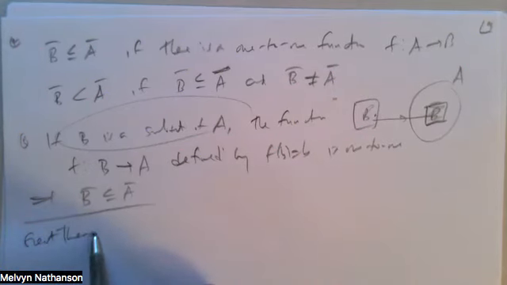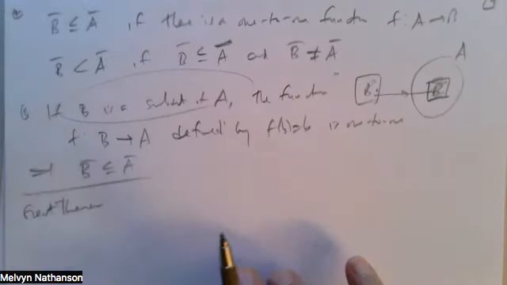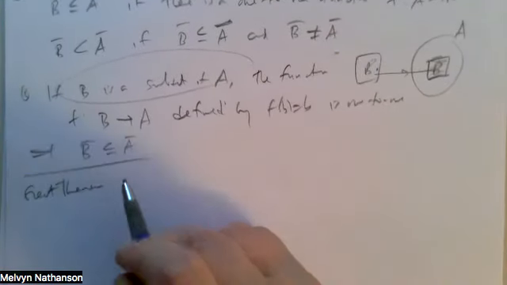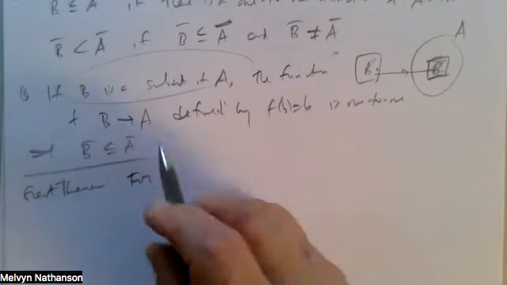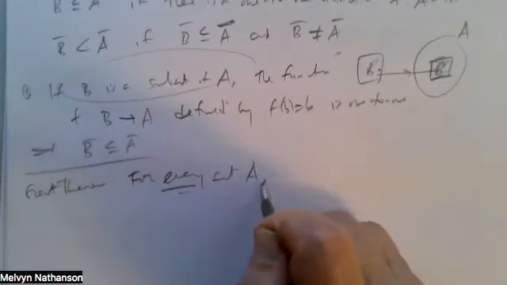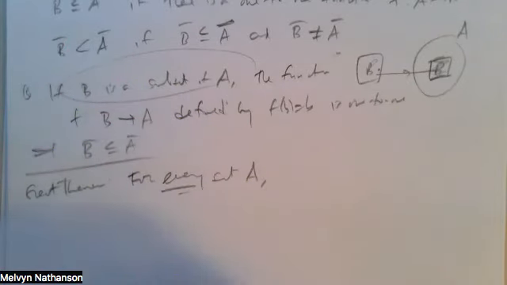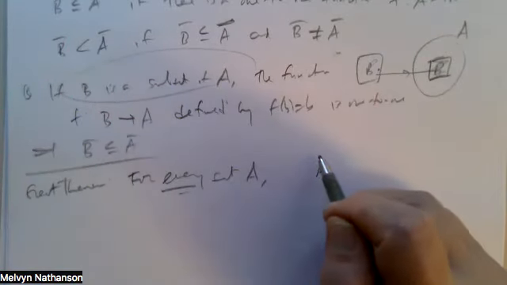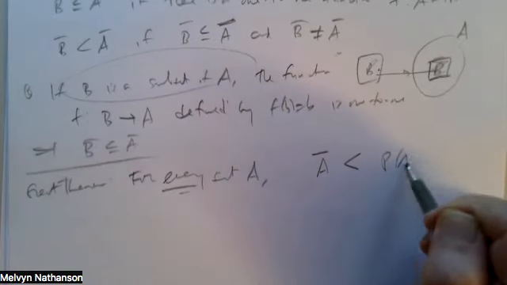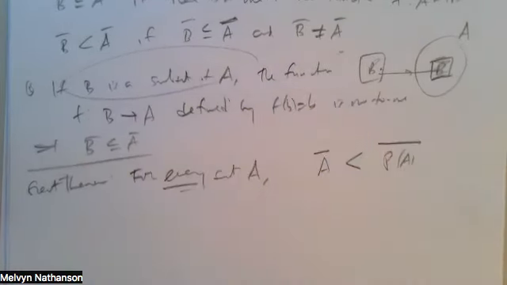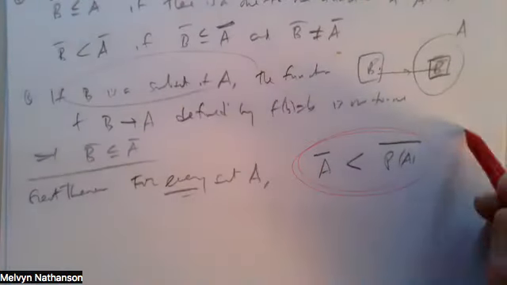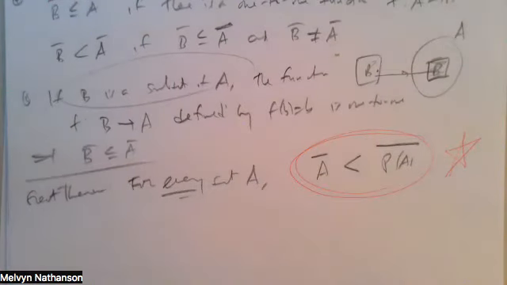So what is the great theorem in chapter 12? It says that for every set A, finite or infinite, the cardinality of A is strictly less than the cardinality of the power set of A. So this is really important.